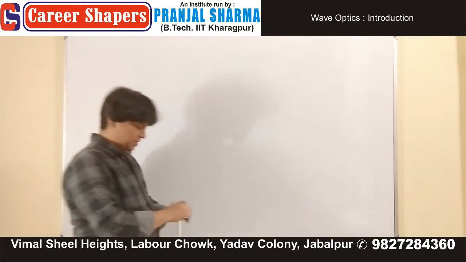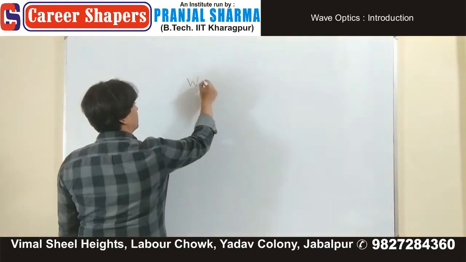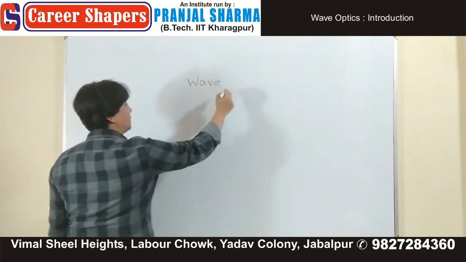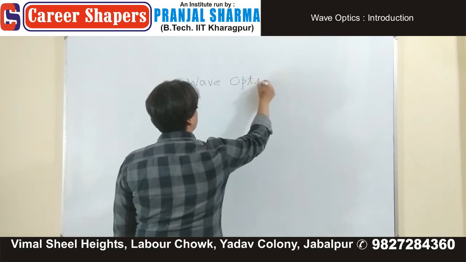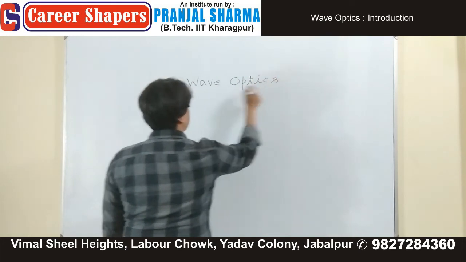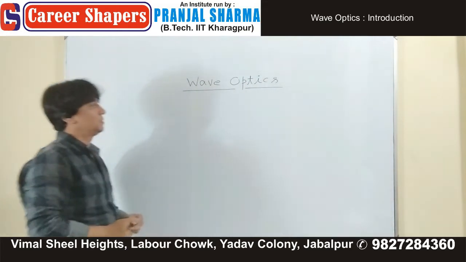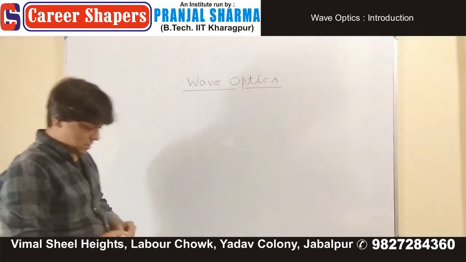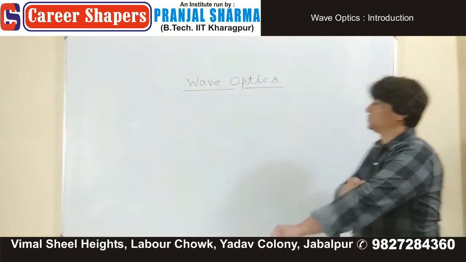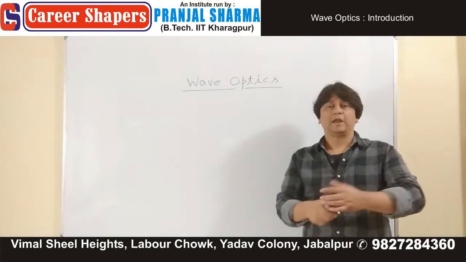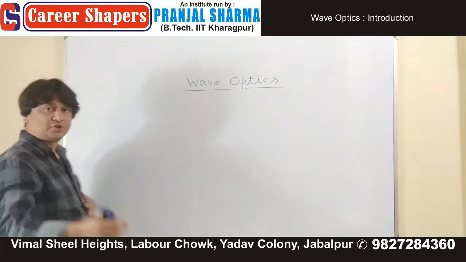Write down wave optics. There are two types of optics which we study. One is ray optics. Ray optics means reflection, refraction.